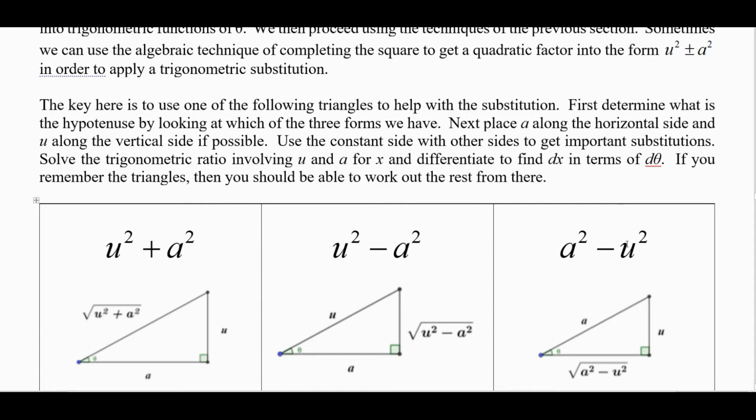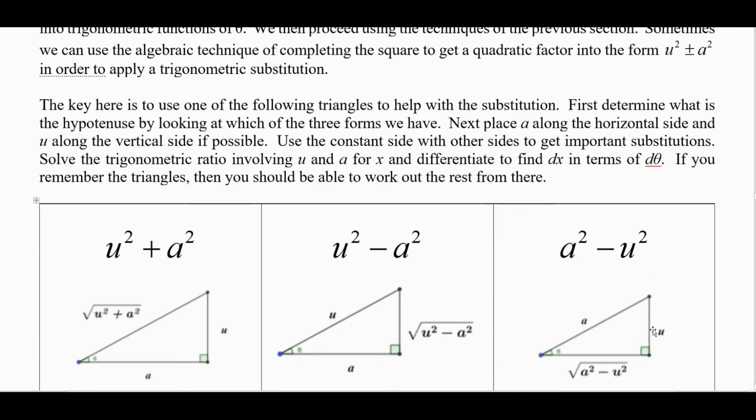Similarly, if you have a squared minus u squared, the one that's positive is going to tell you what has to go on the hypotenuse. So a has to go there. We'll take a to be the positive square root of whatever that term is. So for example, if a squared is 9, we put a 3 here. Then whatever the base is for u, that's your variable expression, and that's going to go on the vertical side.